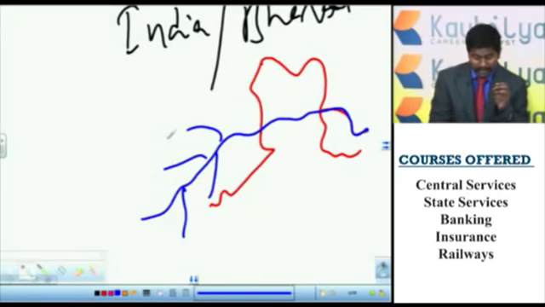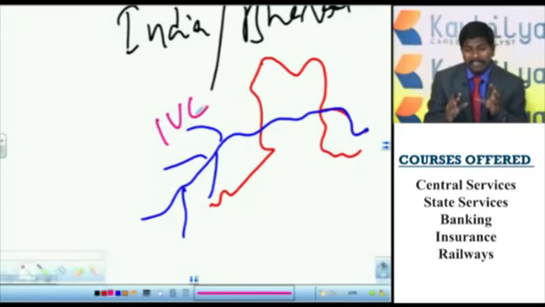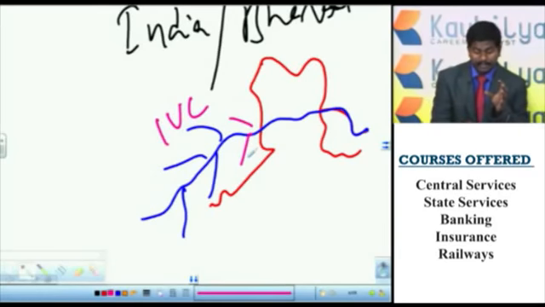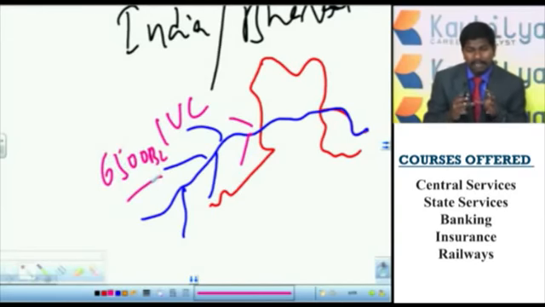So this civilization, which is said to be the Indus Valley civilization, IVC, flourished on the basin of this Indus and its tributaries. That's how at that time, somewhere around 6500 BC, when there was Indus Valley civilization here, the people who were living in this region were said to be the people belonging to Indus or Indus basin.